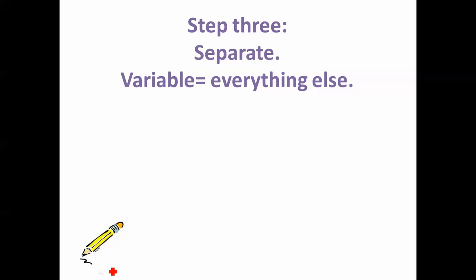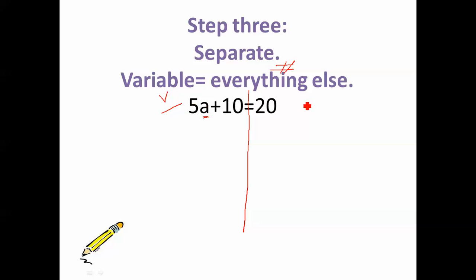Looking at step 3, we're going to separate. We want our variable on one side, everything else, which for our purposes is our numbers, on the other side of our equal sign. So I want you to draw a line going down the equal sign. Okay, we want our variable over here. Here's our variable. It's an a. We're going to write variable. We're going to write numbers. So we look at this side.